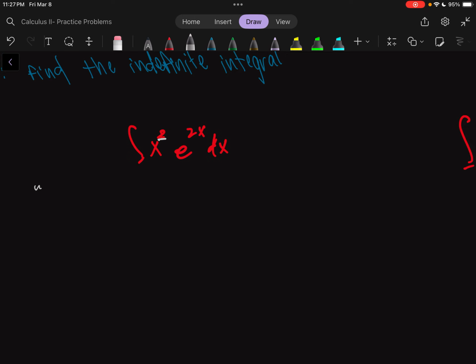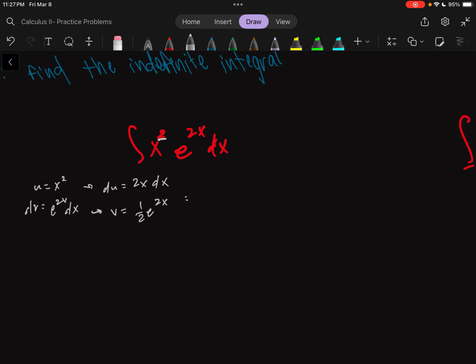So if we call u equal to x squared and dv equal to e to the 2x dx, that means du is 2x dx, and v is 1/2 e to the 2x.